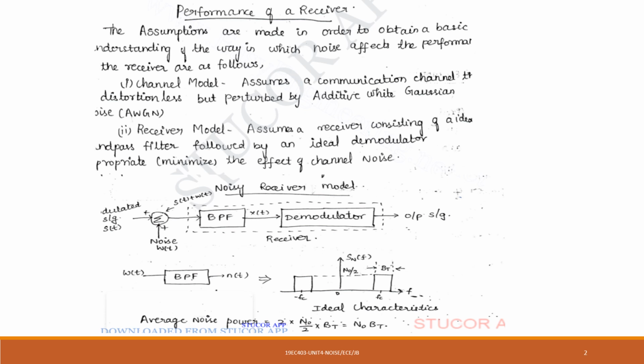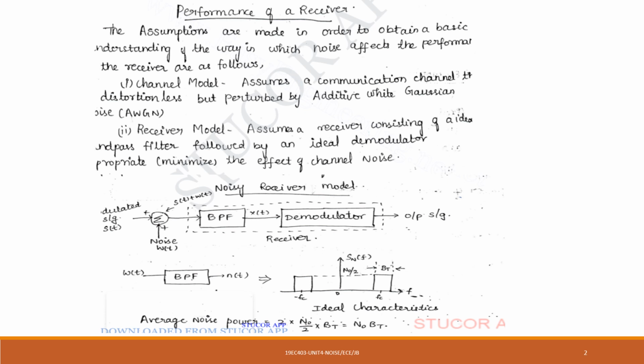However, we need to take into account the noise factor, where we model our noise as an additive white Gaussian noise, which is known as AWGN noise. Also, the receiver model is designed by assuming that we have an ideal bandpass filter followed by an ideal demodulator section. So we assume it to be an ideal case in order to minimize the effect of channel noise.